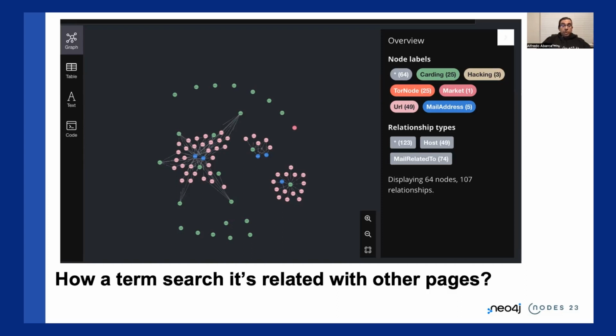When I search or collect through the onion collector, how do these terms at the end of the day relate to other pages? Probably I expect them to be normally related to markets, since I have seen them as well related to some pages regarding hacking, other pages regarding carding.